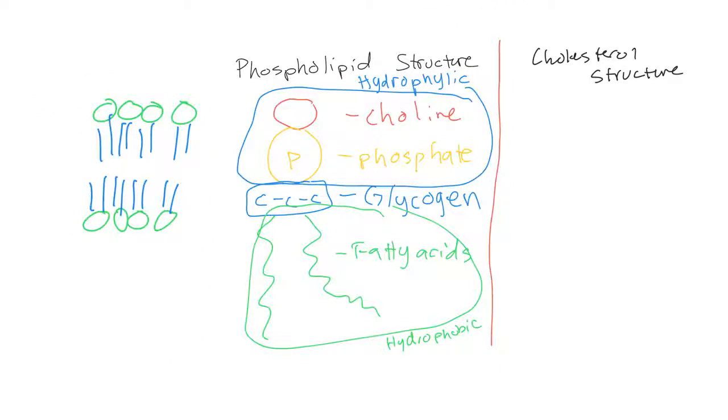Yes, so I switched the colors. The tails are the fatty acids, the hydrophobic regions, attracted toward each other. And then you have a fluid on the outside, which is mostly water, and a fluid on the inside, which is mostly water. And that's the hydrophilic part.